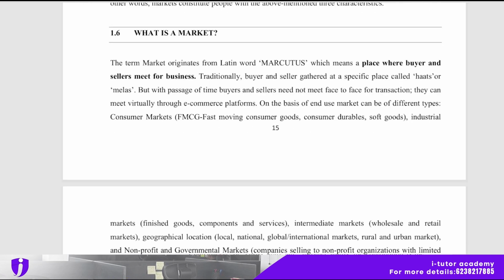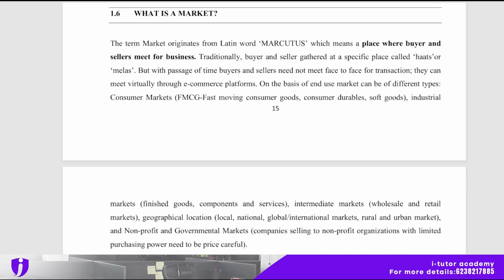The term market originates from the Latin word marketus, which means a place where buyer and seller meet for business. Traditionally, buyers and sellers gathered at a specific place called haats or melas. But with the passage of time, buyers and sellers need not meet face to face for a transaction. They can meet virtually through e-commerce platforms.